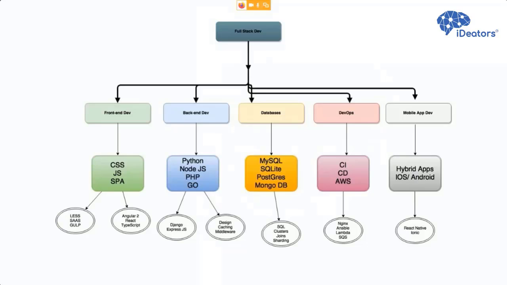And then on the server side, you have Django, Express.js, Node.js, Python, PHP. Then of course you will also try to understand how you can do caching in the middleware.